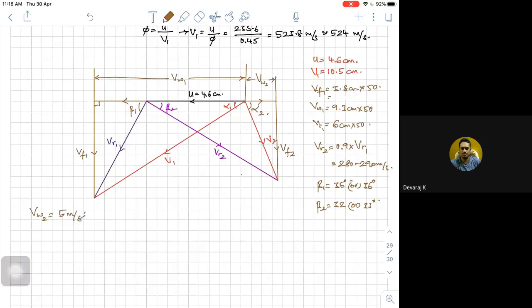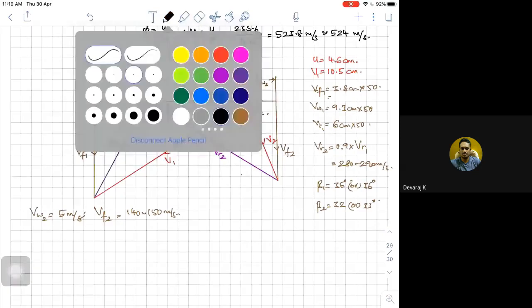And VF2 should be somewhere around 3 centimeters, which means around 140 to 150 meters per second. So the slope of V2 will be steeper. I may have shown it a little flatter, but the slope will be steeper.